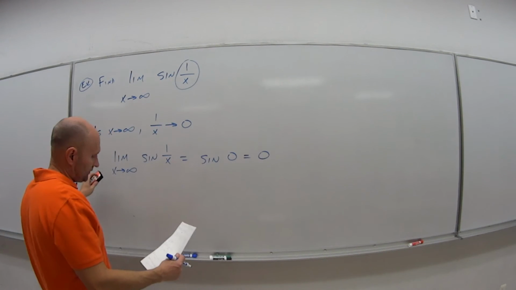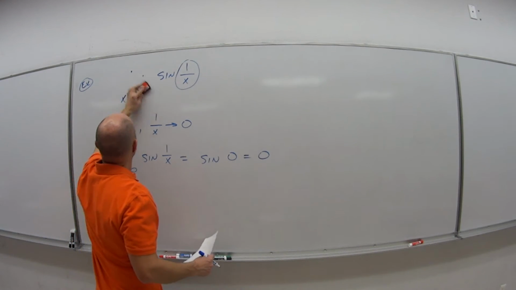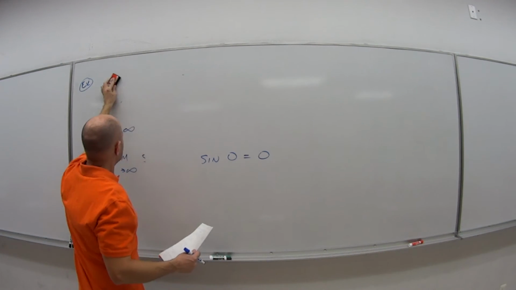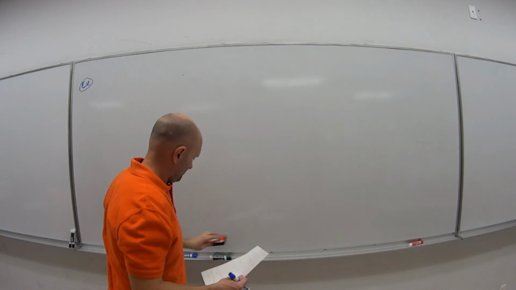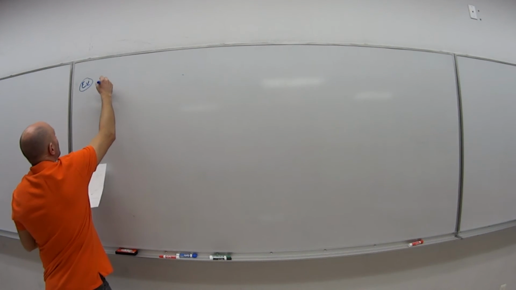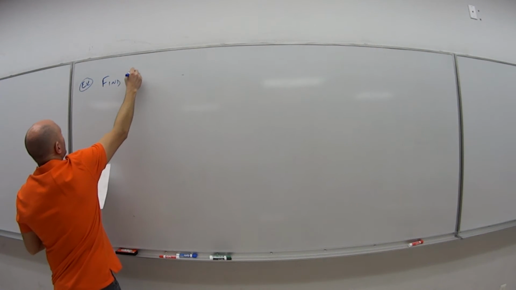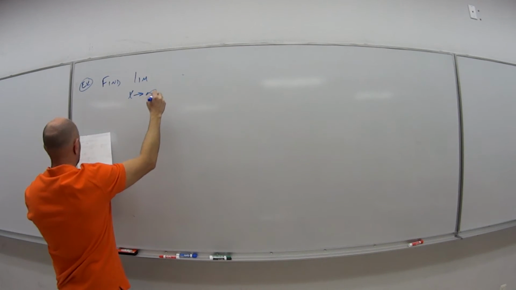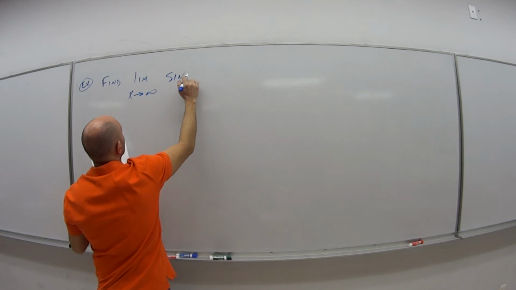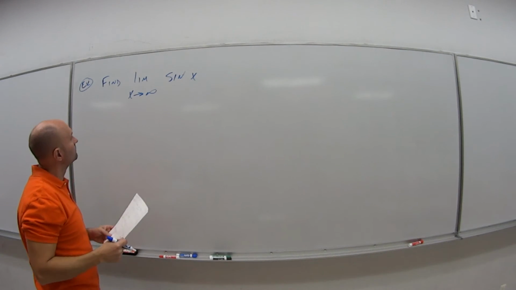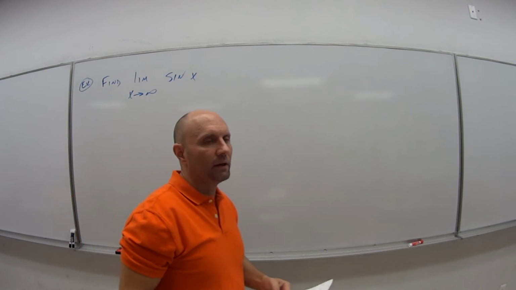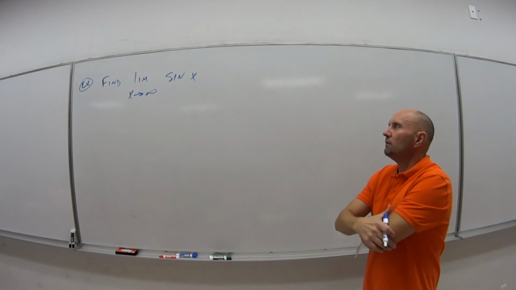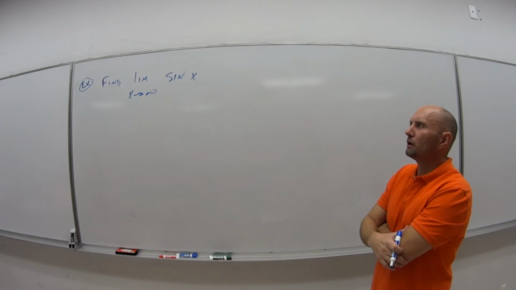All right, last example, which will wrap up video 3. So find the limit as x approaches infinity of sine of x. So again, I'll give you a chance here if you want to try to figure this out on your own.